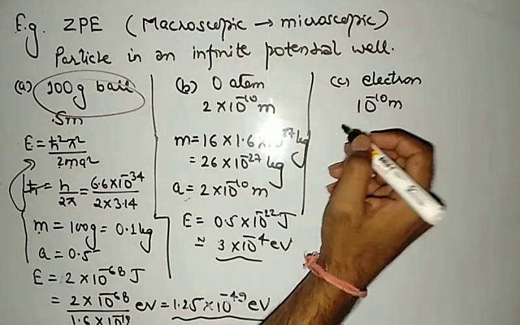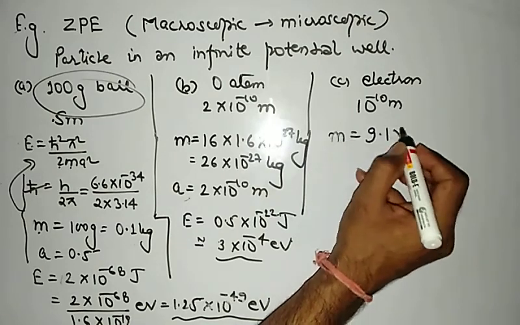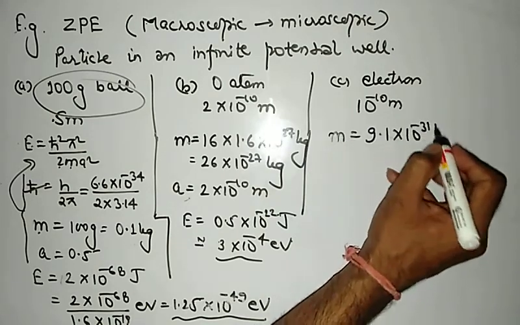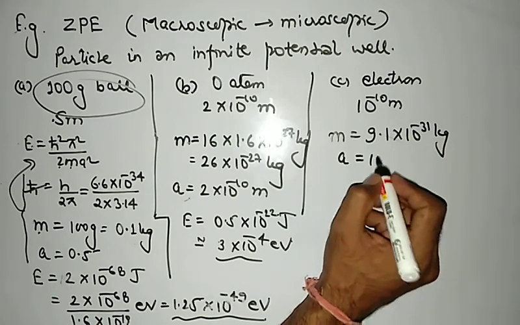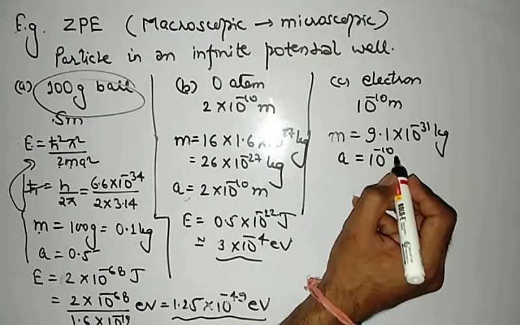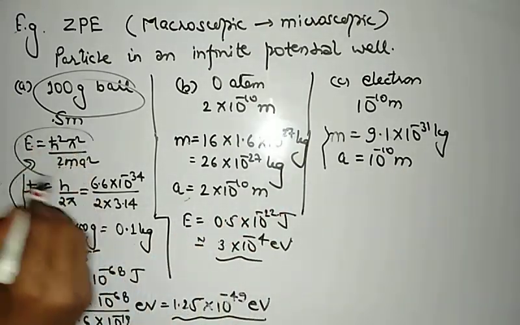And for the electron, m is equal to 9.1 into 10 power minus 31 kg, and a is 10 power minus 10 meter. So we will put this m, a and h cut in this formula again.